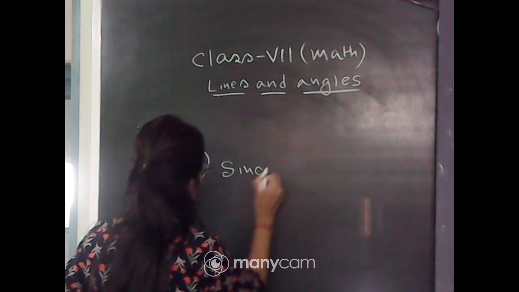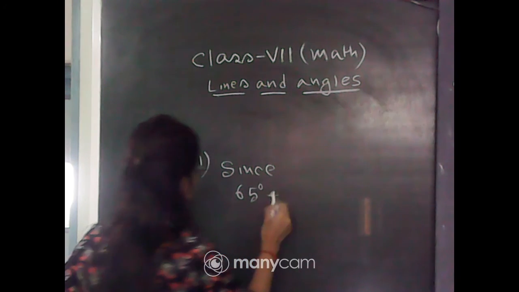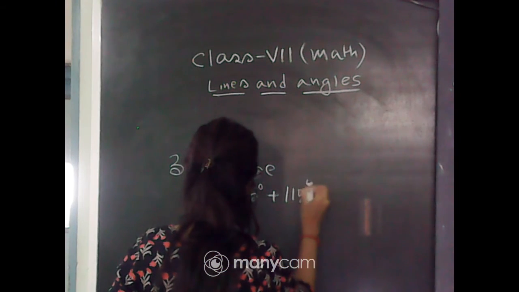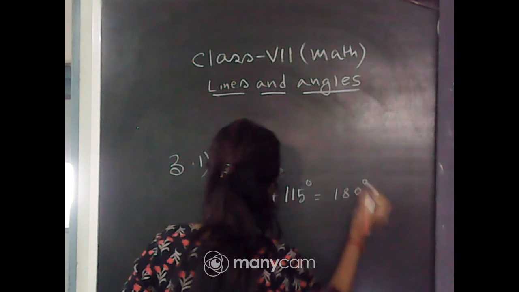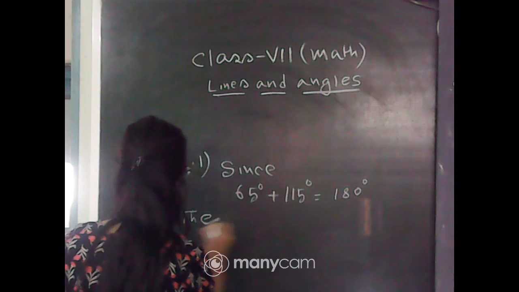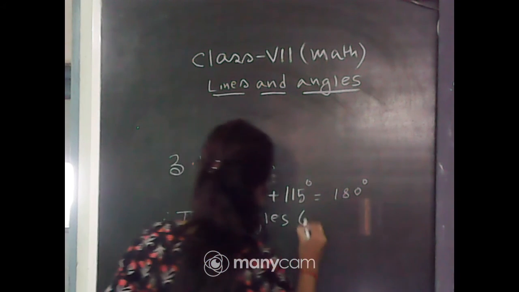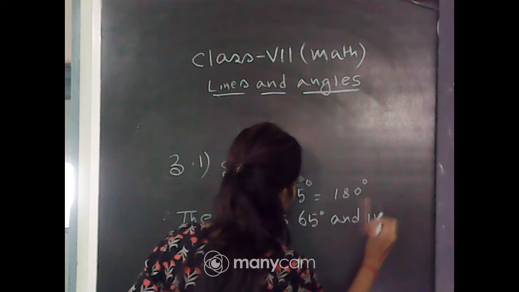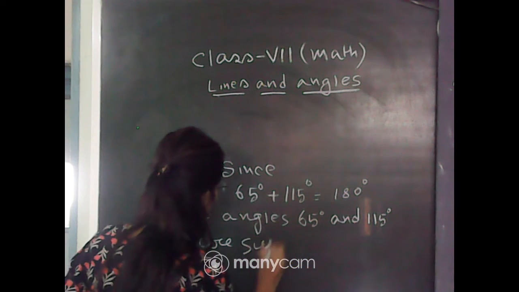Since angle 65 degree plus angle 115 degree is equal to 180 degree, therefore the angles 65 degree and 115 degree are supplementary angles.